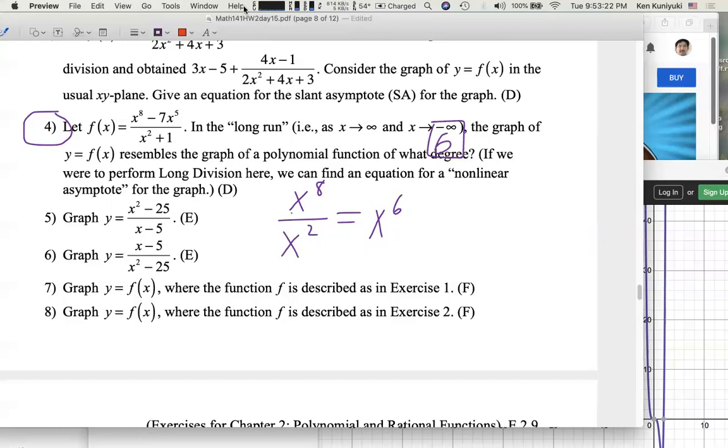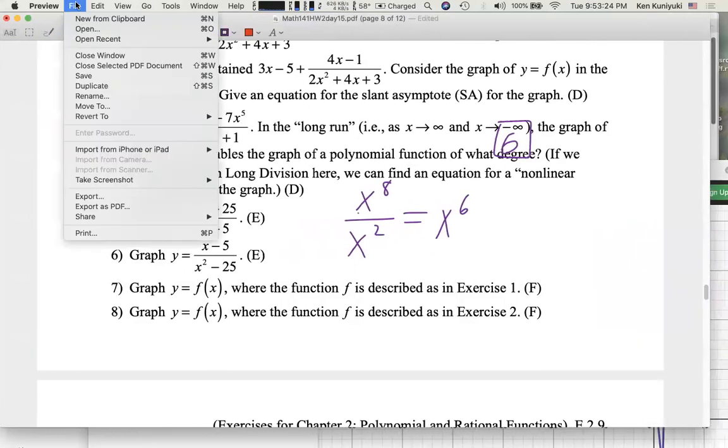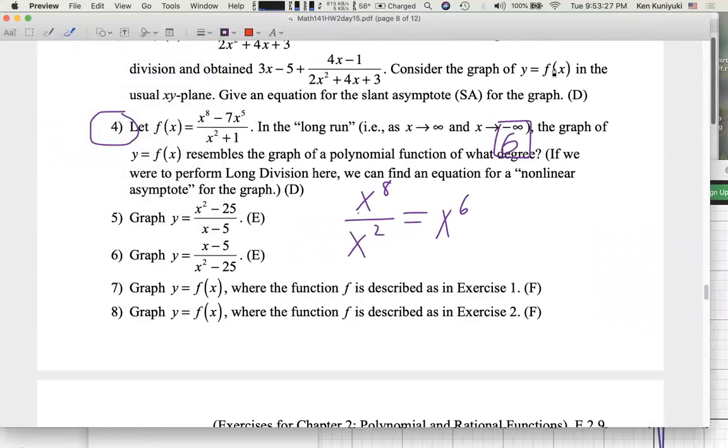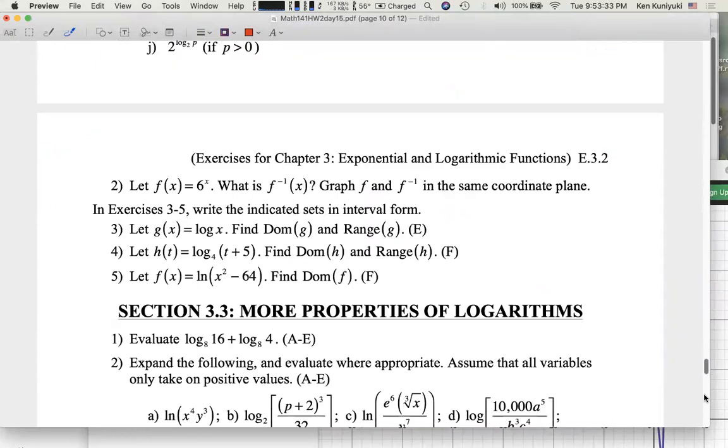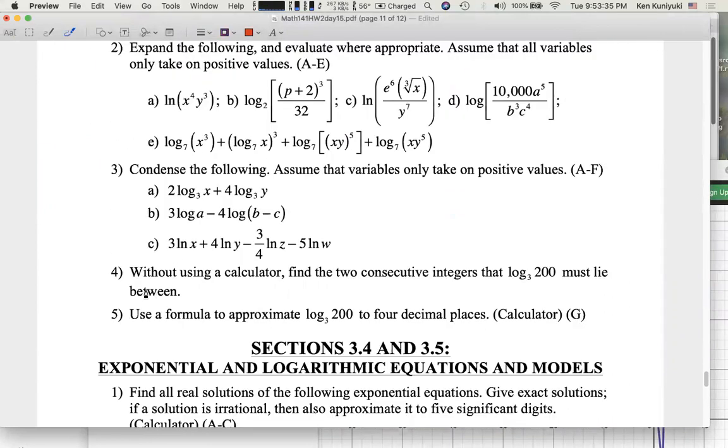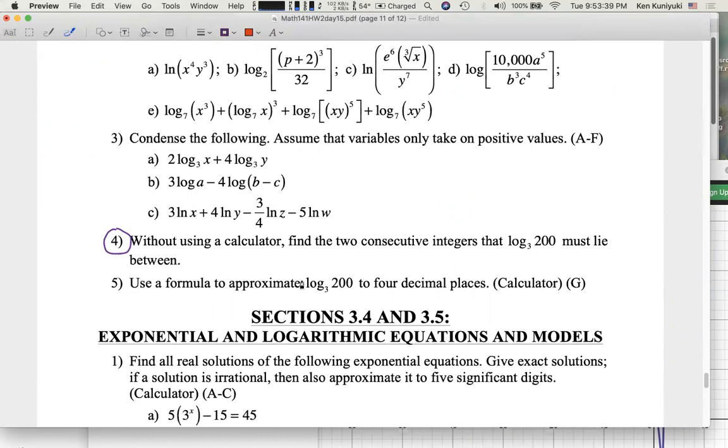I'm going to save this. I'm glad I'm saving my notes here. By the way, those of you who use a Mac like me, remember that if you want to save these things and use the markup toolbar, you need PDF, not PNG, PDF.